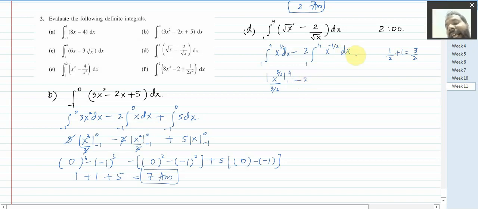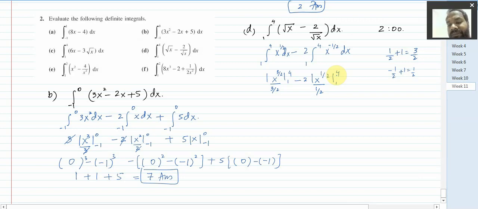X power minus 1 upon 2 plus 1, it's 1 upon 2. So now the integration of x to the power minus 1 upon 2 will be x to the power 1 upon 2 divided by total power 1 upon 2, and the limits we have, it's 1 till 4. If you have done correctly up till now, that means you have a clear idea how to solve definite integrals.